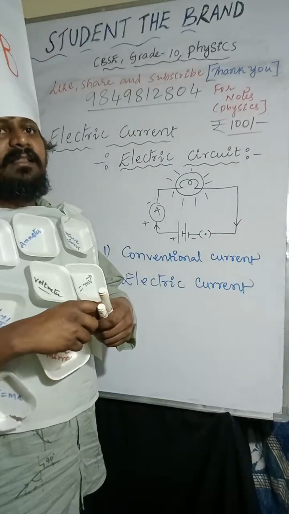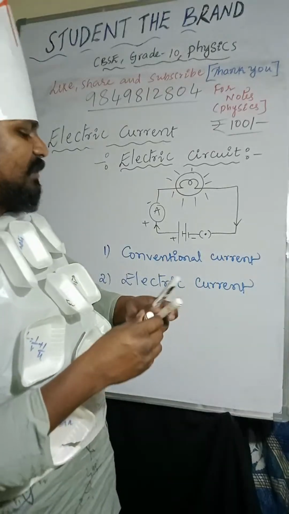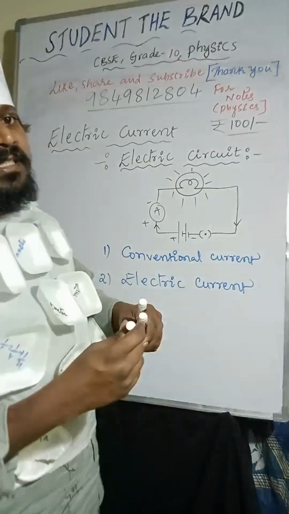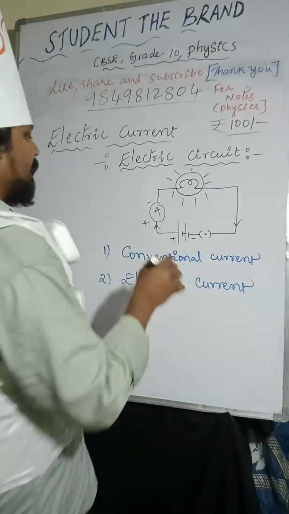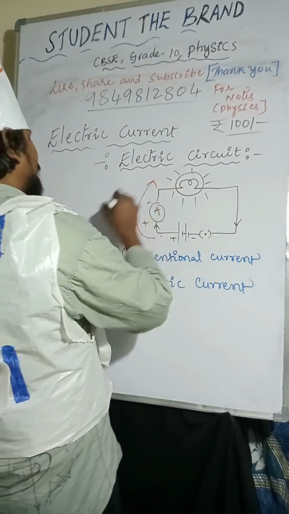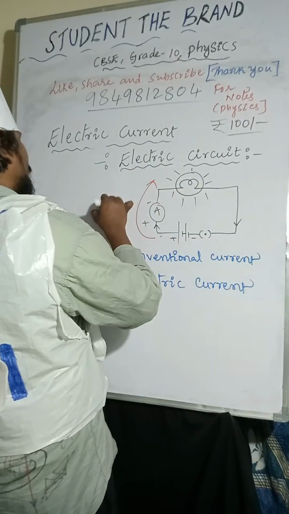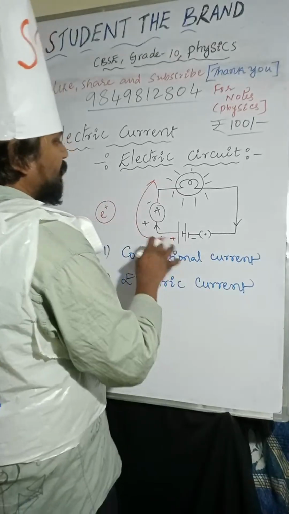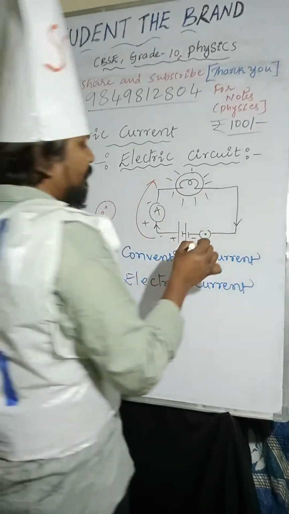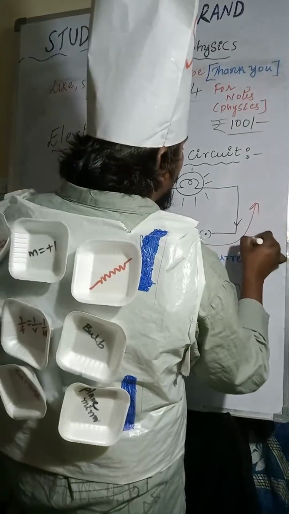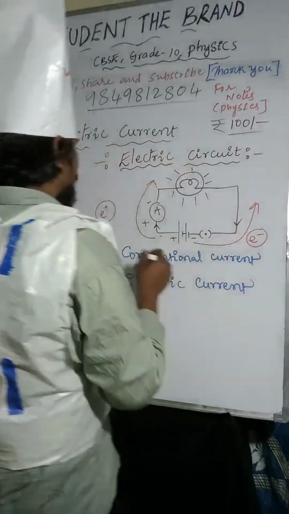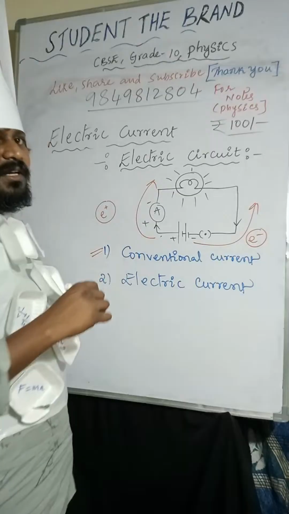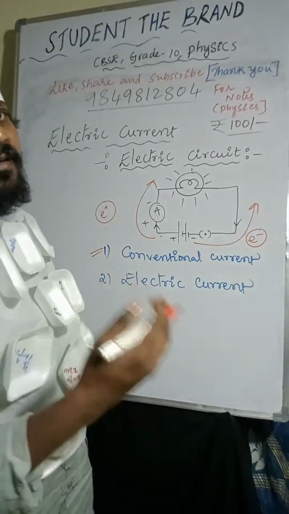Conventional current is the flow of positive charges. Positive charges move from the positive terminal to the negative terminal, whereas electrons move from the negative terminal to the positive terminal.